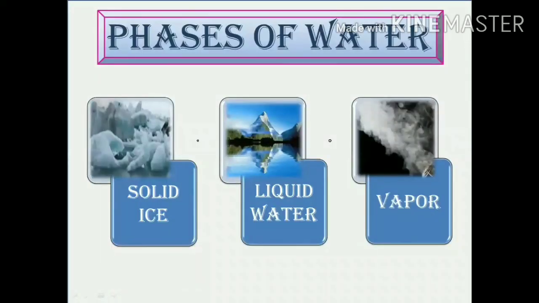Another example that we can take to explain the difference between vapor and gas is the sublimation of iodine. When the sublimation of iodine occurs, the iodine is in the solid state, crystals of iodine are there. And you provide some heat energy to those crystals, they will not change into the liquid state, but directly change into the vapor state.